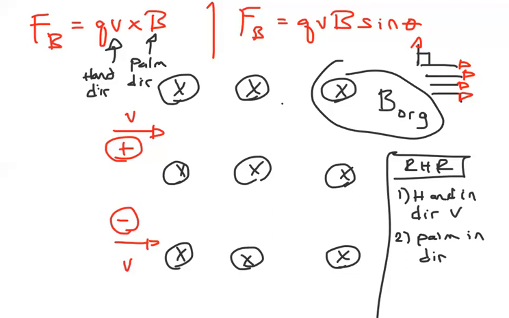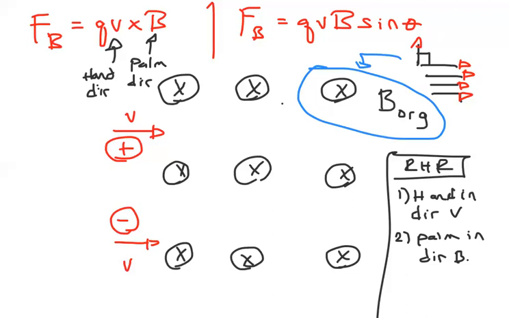Well, there's not another one here. All right. And then don't change your thumb, keep your thumb perpendicular, your fingers in the direction of V, and then your palm should be, in this case, since B is into the board, into the board, or into the screen, sorry.